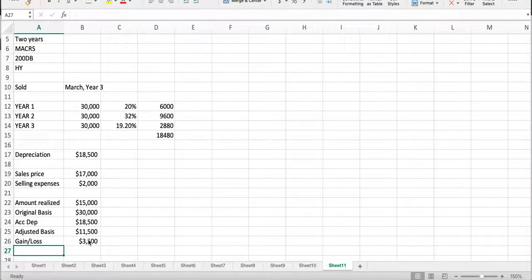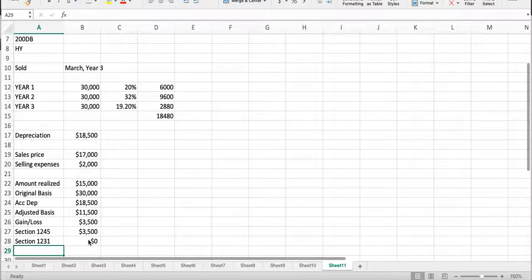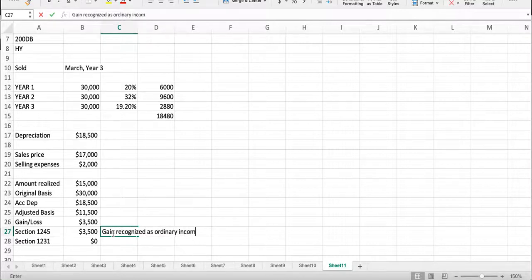And then what we have to do is look at the Section 1245 depreciation recapture rules. Rather than do the little section squiggly, I'm just going to write out the word section. And the Section 1245 recapture is basically going to be the entire $3,500. And so this will be a gain recognized as ordinary income because it's Section 1245.